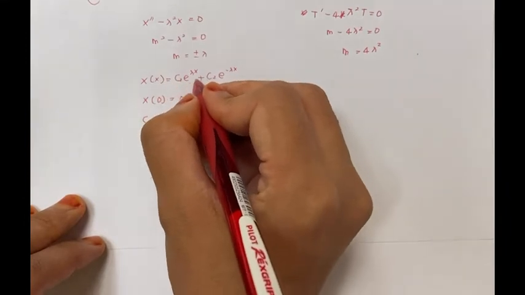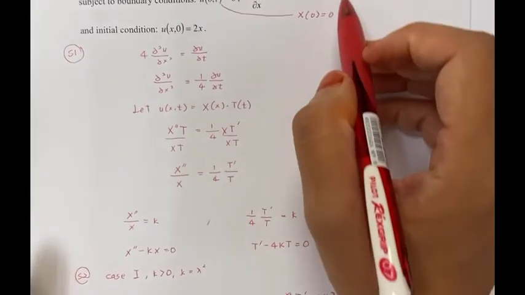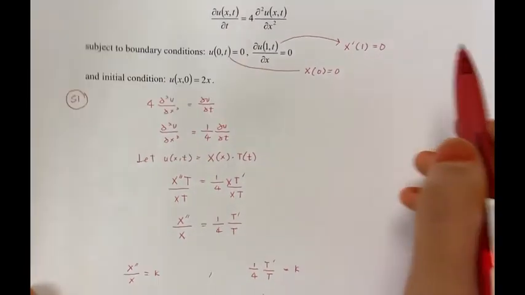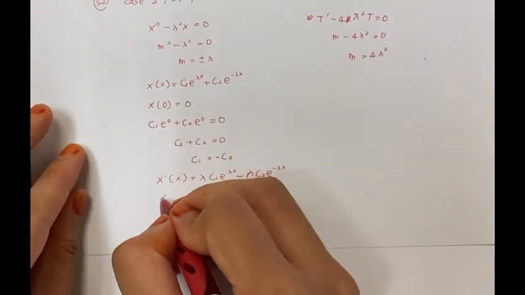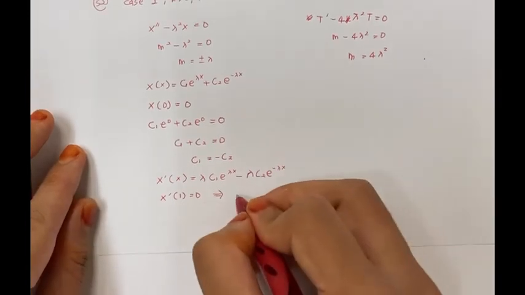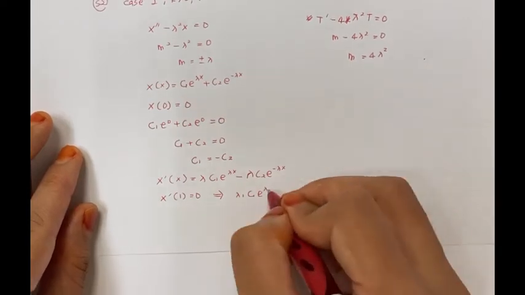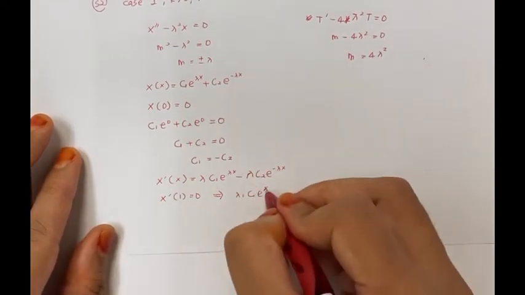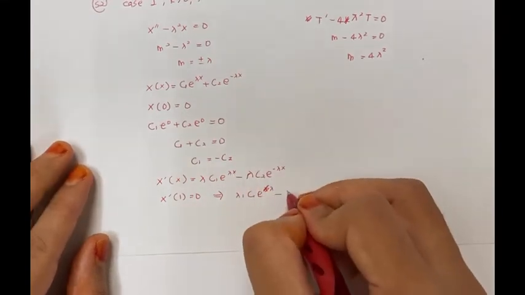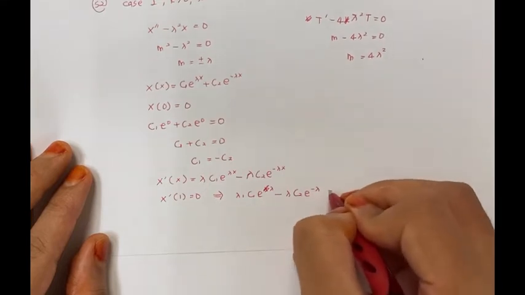Then substitute X prime into the second boundary condition, X prime of 1 equal to 0. Since x is equal to 1, lambda C1 e to the lambda minus lambda C2 e to the negative lambda is equal to 0.